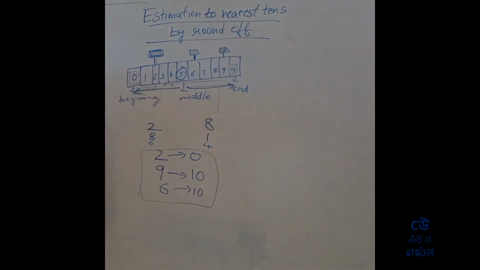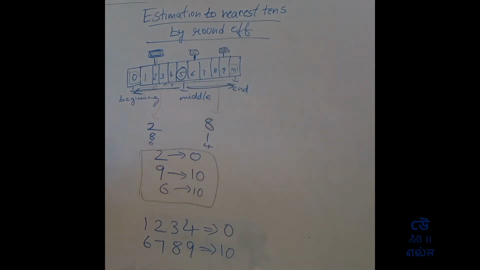See children, to the left of 5, what numbers do we have? 1, 2, 3, 4. So if you get 1, 2, 3, 4, you will round off these numbers to 0. Then to the right side of 5, what numbers are there? 6, 7, 8, 9. If you get these numbers, you will round off to 10.